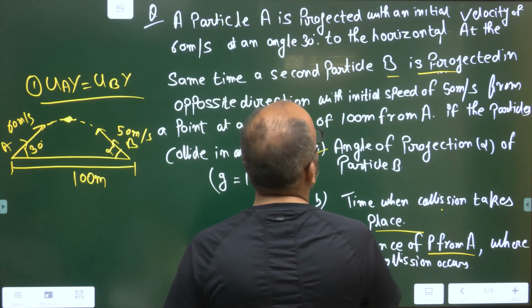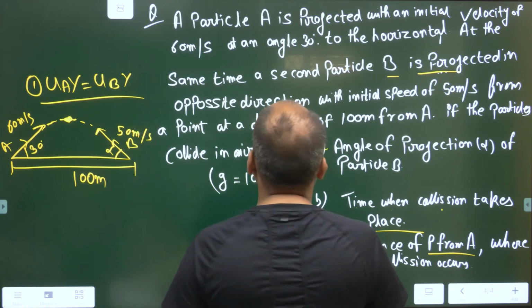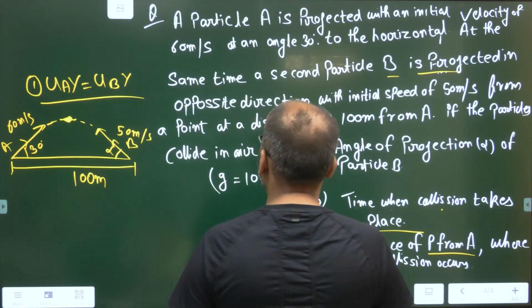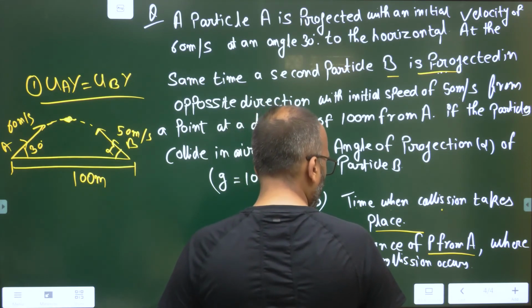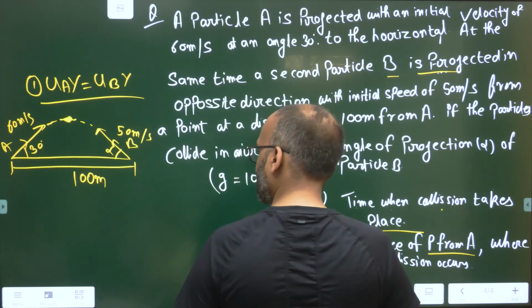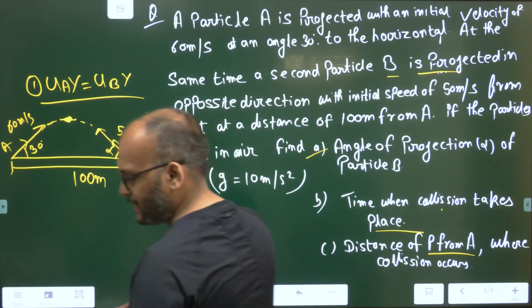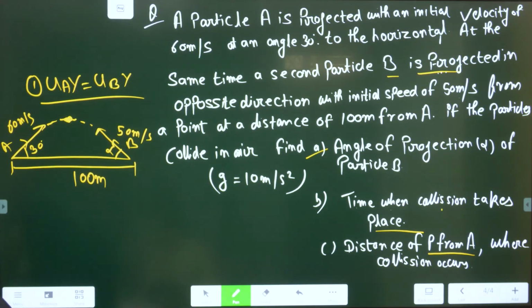Same kind of, particle B is projected. If the particles collide in air, P, what is P? Let me look at the question.